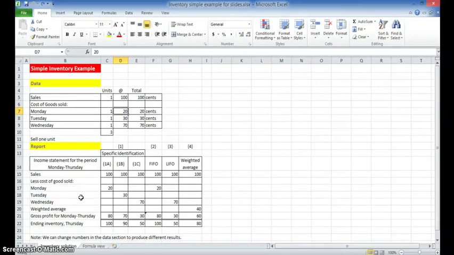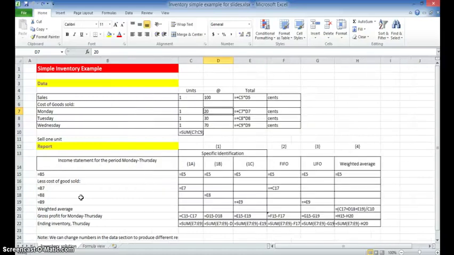The Grave is the key on most keyboards just underneath the escape key up near the top, and the Grave symbol is like a little tiny backslash. Anyway, we will do that. Here we go. Let's hope this works. Control Grave. It worked. And therefore you can see that in the report area, there are no numbers at all. They're all formulas.